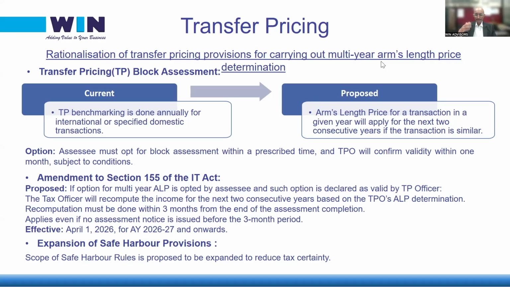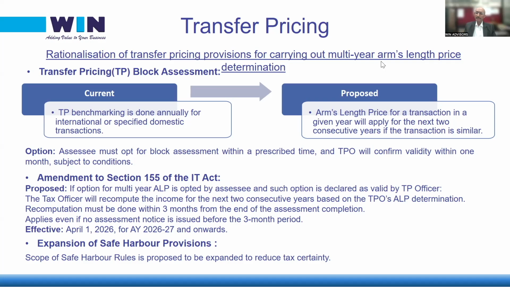So you don't have a botheration, you don't need to do this exercise, or worry that for the next 2 years again there will be assessment and production of documents. And so they've now given a 3 years block.